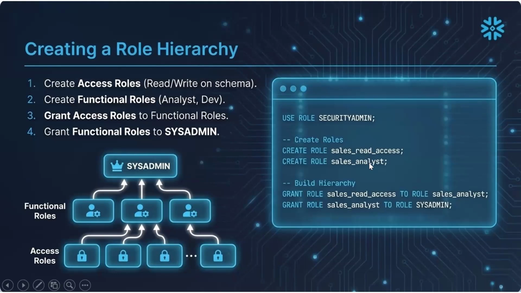So this is how to create the roles through SQL commands. And once I have created them, I'm building a hierarchy. I'm granting the sales lead access to role sales analyst. See, one role is assigned to another role. Can you see that, all of you?